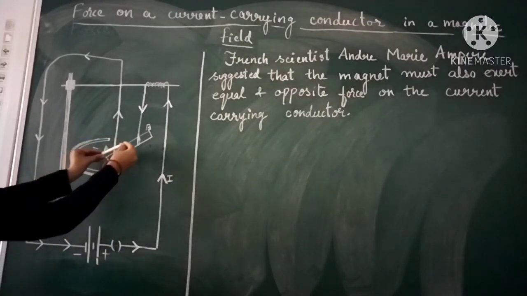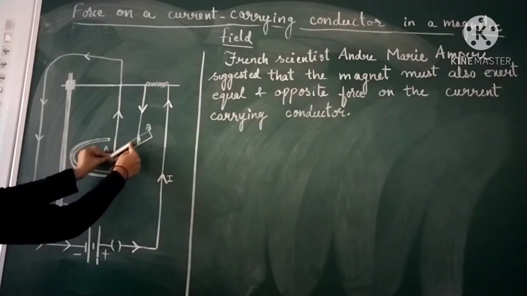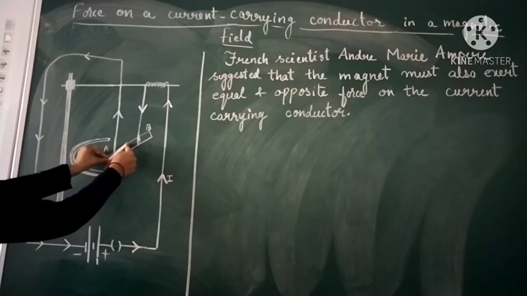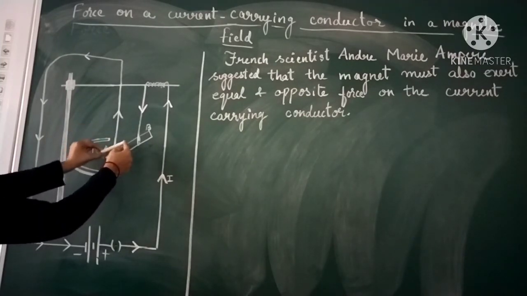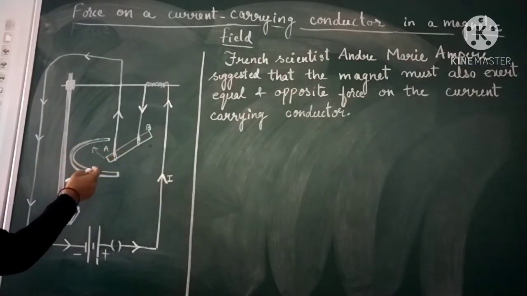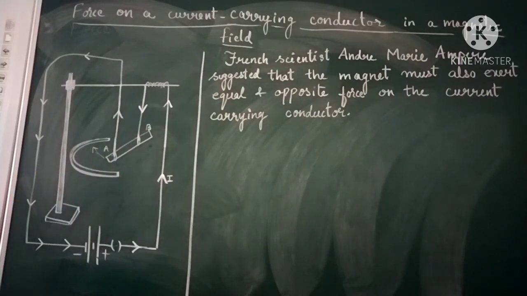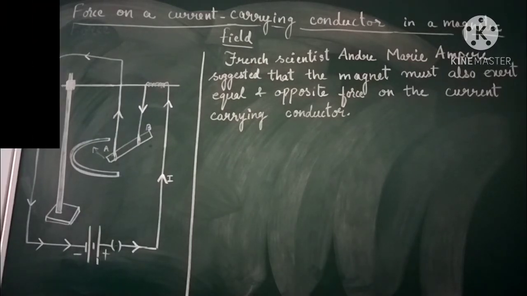So if I place this chalk over here, it gets deflected from its position like this, comes back to its position, again gets deflected, again comes back. So this proves that the magnet is exerting some force on this current carrying conductor when it is placed in between it. So that was the experiment done by the scientist Andre Marie Ampere.